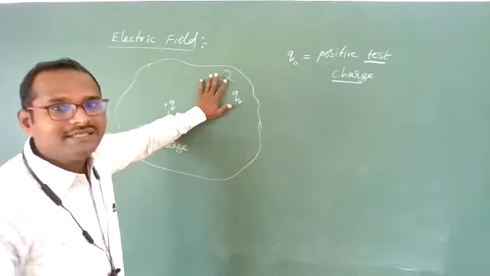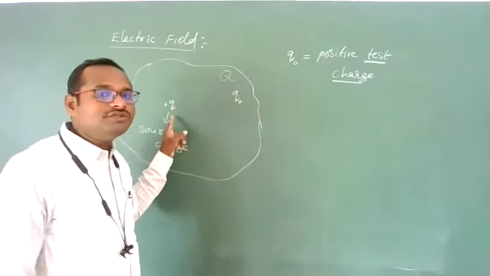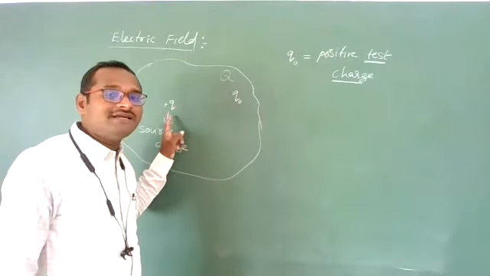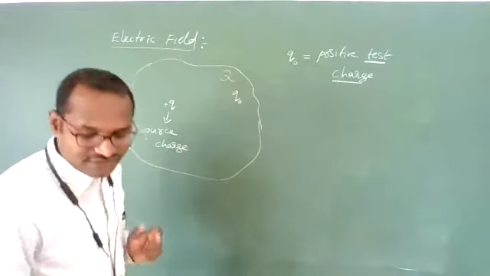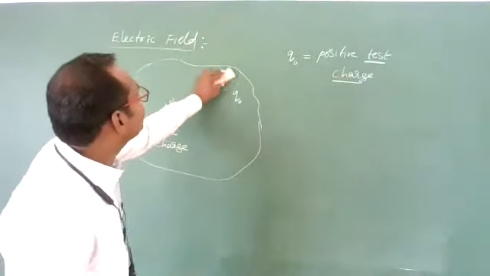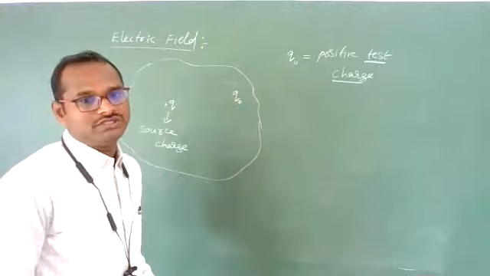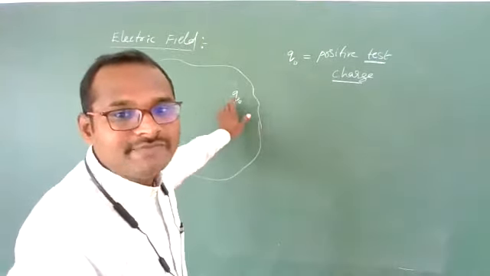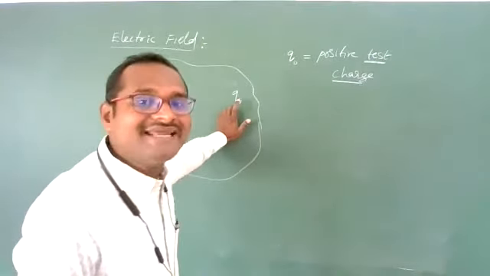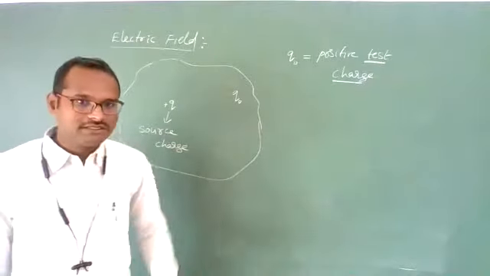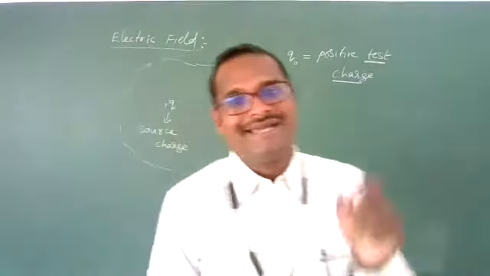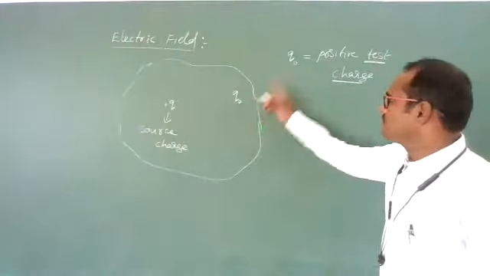Due to that, the source particle will be affected. That should not happen. So for this reason, we take a positive test charge whose magnitude is very small, so that it cannot affect the source charge. Are you getting? Yes, that is the reason we take a positive test charge.